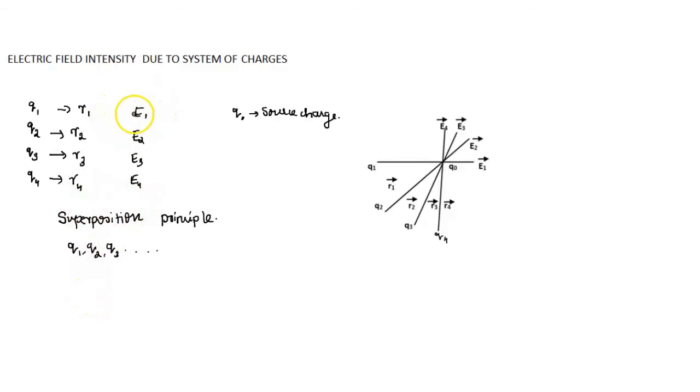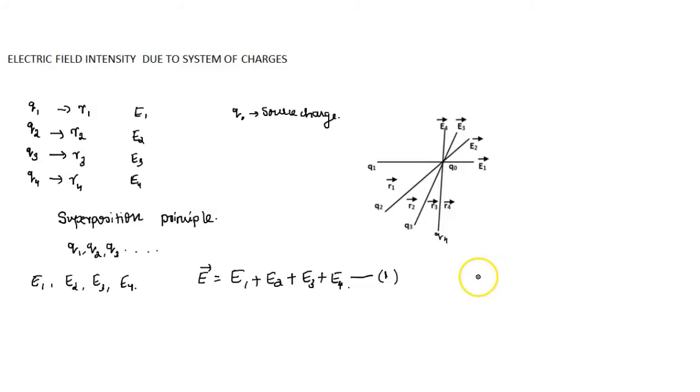So we need to calculate the values of E1, E2, E3 and E4. Then to calculate the total electric field intensity, we have to add E1, E2, E3 and E4. So first we need to calculate the values of E1, E2, E3 and E4, and then we need to substitute in equation 1.